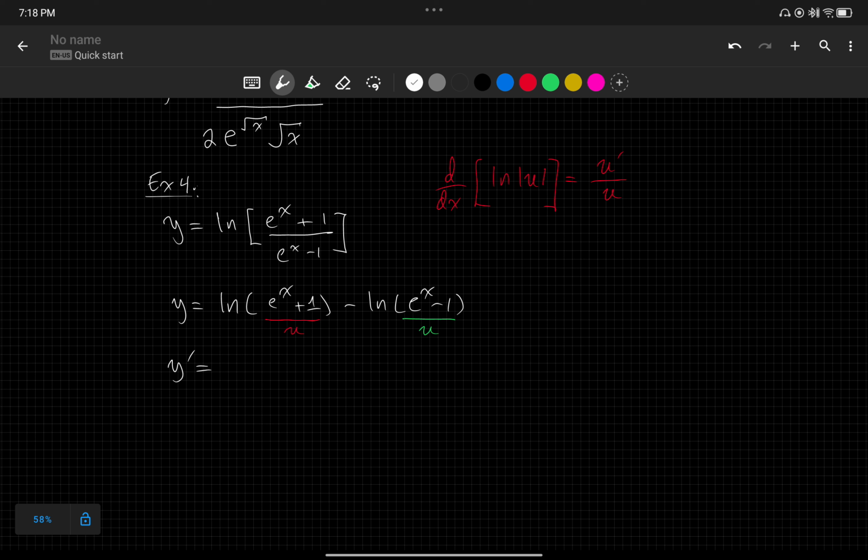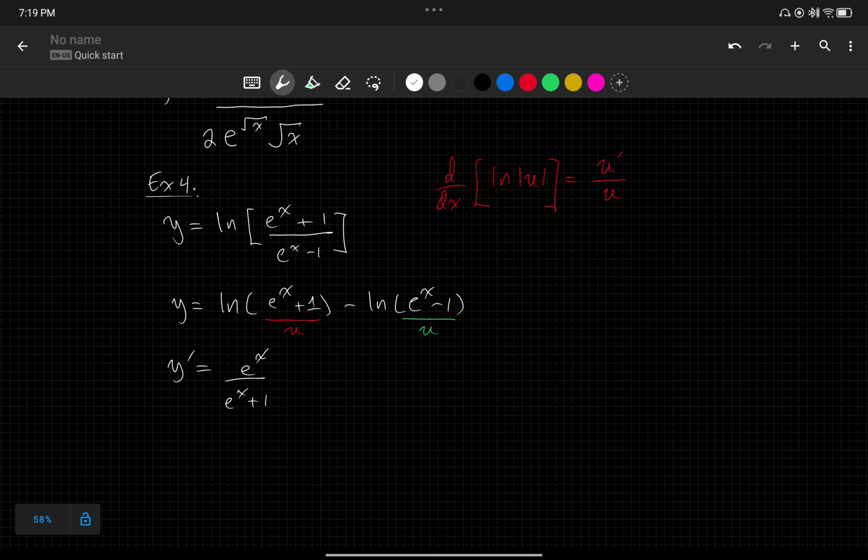All right, so it's u prime over u. Well, the derivative of e to the x plus 1 is very easy. It's just e to the x. And since 1 is a constant, that goes away. So this is just e to the x over e to the x plus 1.